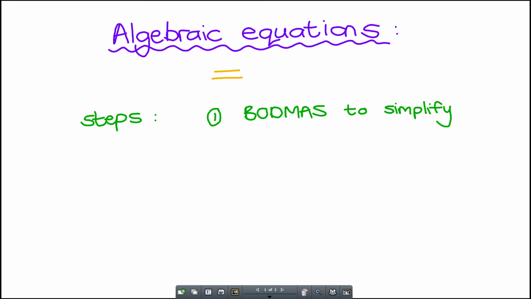Okay, right, then step 2. Once we've simplified as far as we can, take your unknowns or variables to the left and normal numbers to the right.